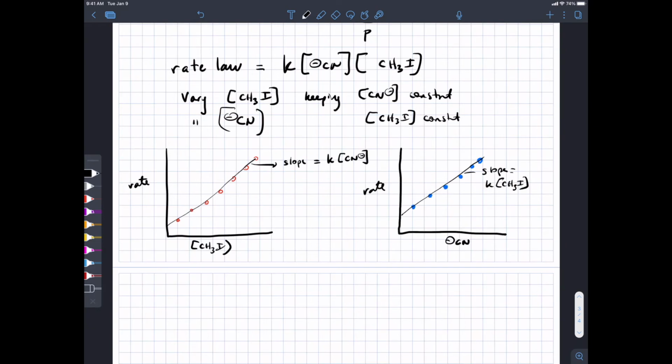And doing so would indicate first that the reaction is first order in methyl iodide and first order in CN minus, and that because there are 2 concentration terms in our rate law, the reaction is second order overall. Okay?